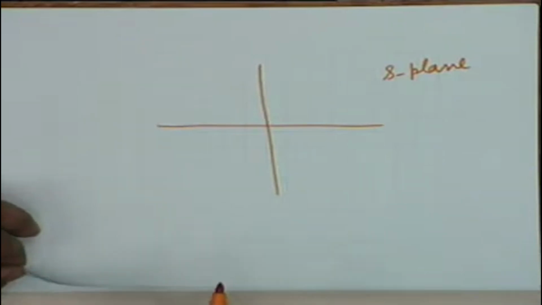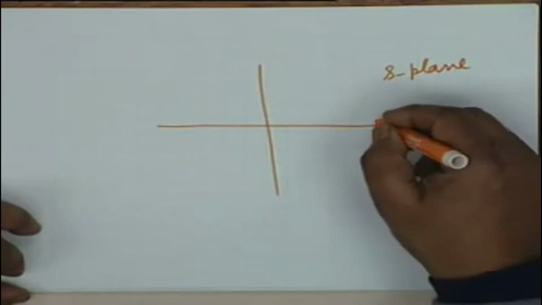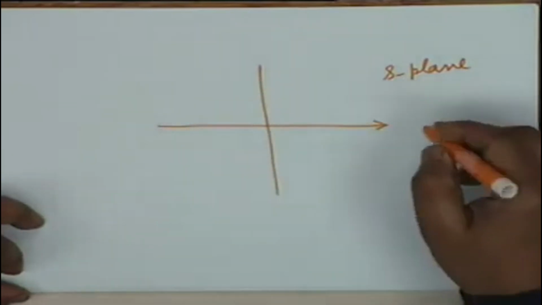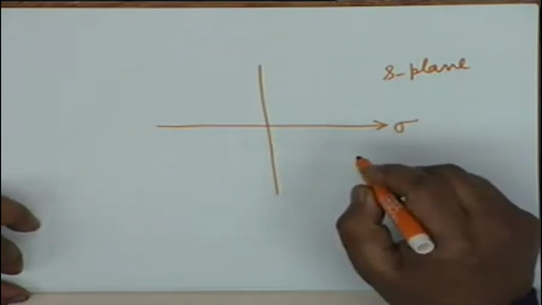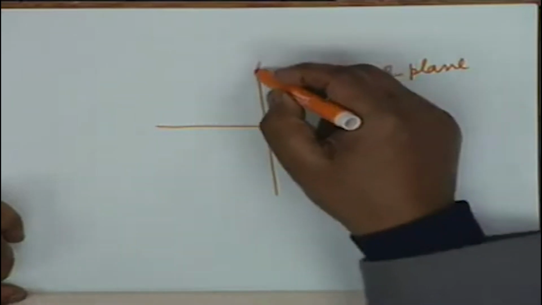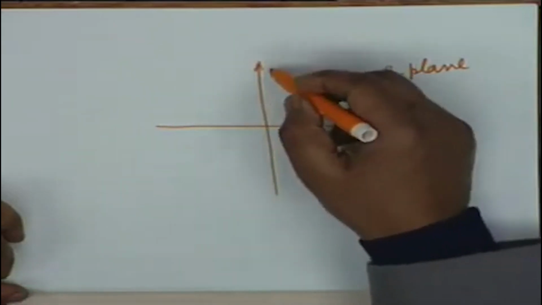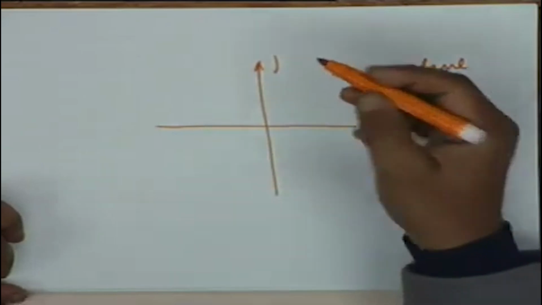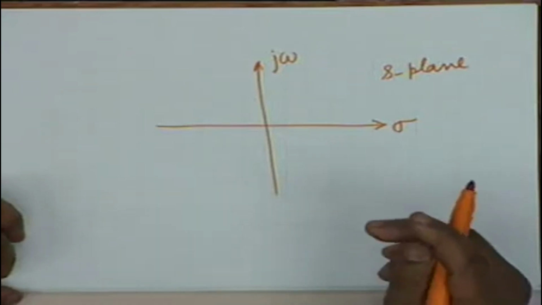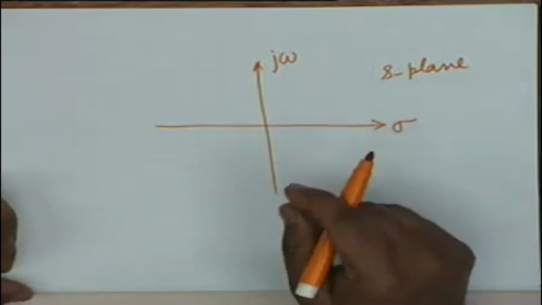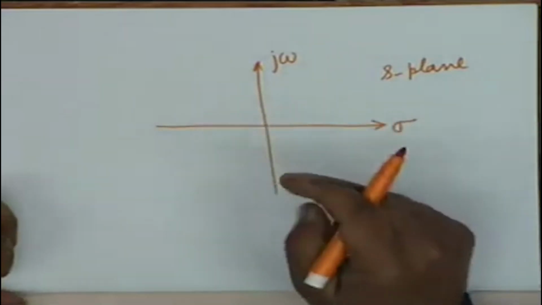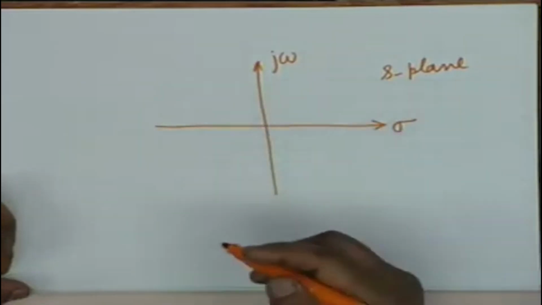If you are not acquainted with the name, it doesn't matter, but what we do is we consider an s plane. The real part of s is represented on the x-axis and we call it the sigma axis, and the imaginary part of s is represented on the y-axis, the orthogonal axis, and we call it the omega axis or the j omega axis. This is the usual convention for electrical engineers, that we show the imaginary value explicitly, sigma plus j omega.